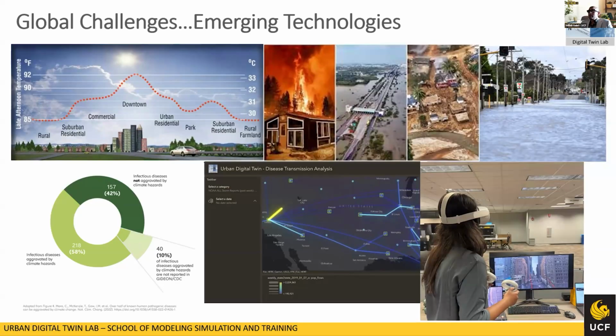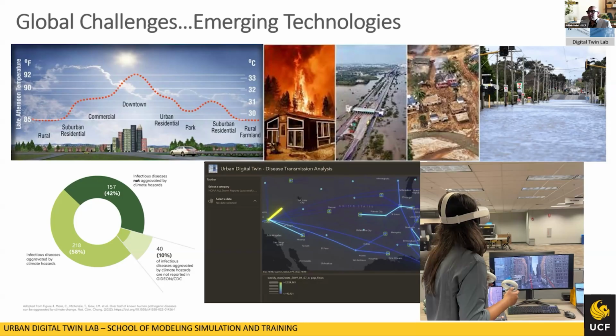Now let me go to the challenges. I believe that all of you agree with me that we are dealing with several challenges here, including the urban heat island, one of the major challenges, as well as the wildfire, natural hazards, as well as cascading challenges over these, including the disease transmission and so on.